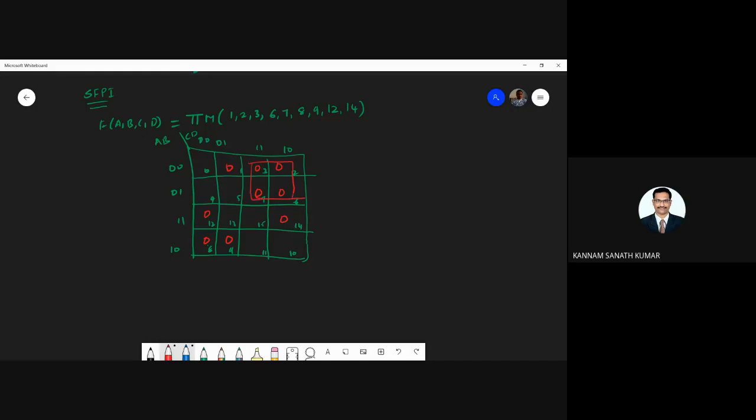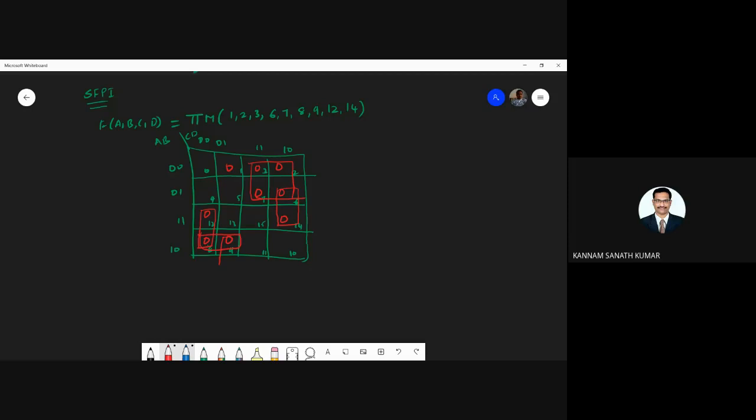If you combine, this one makes one quad, combining these four zeros. And next, this one makes one pair, this one makes one pair, this one makes one pair, this one makes one pair, and this one makes one pair.